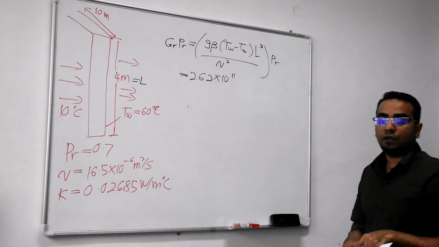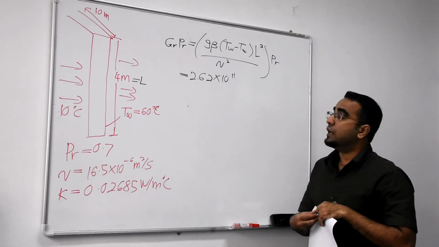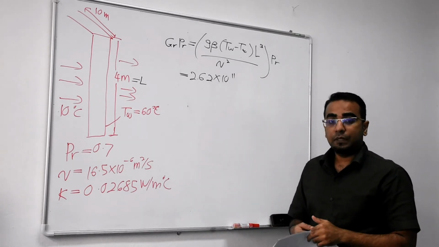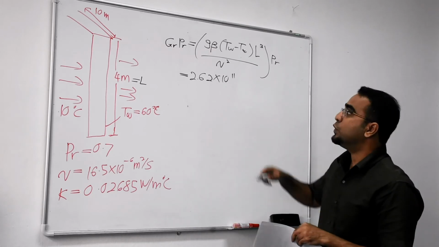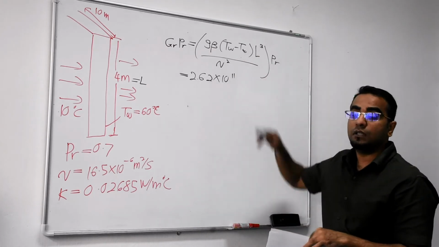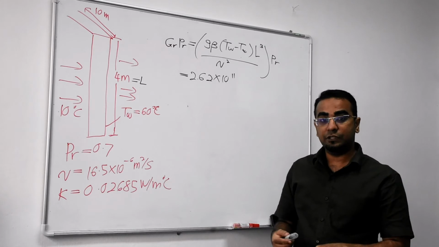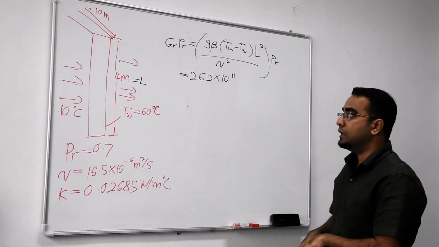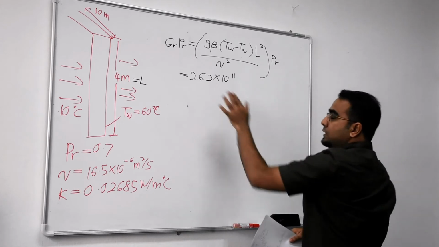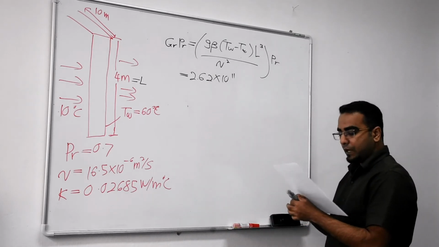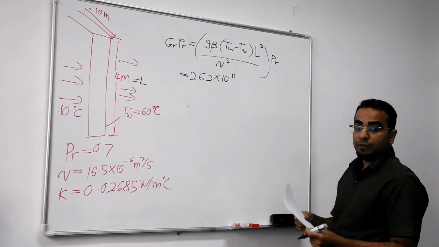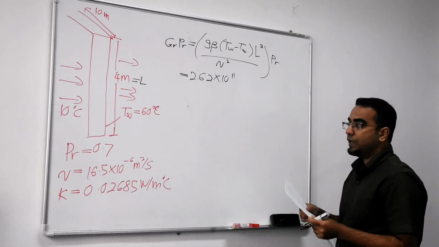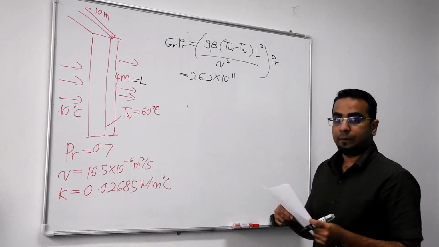Similar to Reynolds number and Prandtl number, Gr Pr, our Rayleigh number, has no unit. So make sure when you are substituting all the values, the units cancel off each other and you'll get a dimensionless number. Once you have gotten the value of Gr Pr, you look at table 7.1 to find the value of C and m. Why?